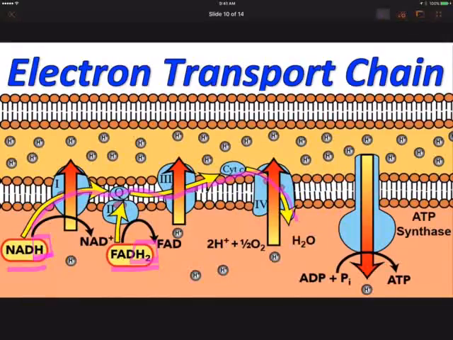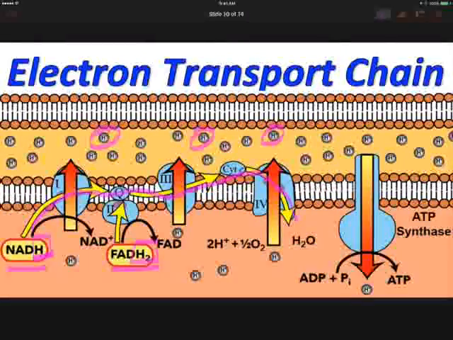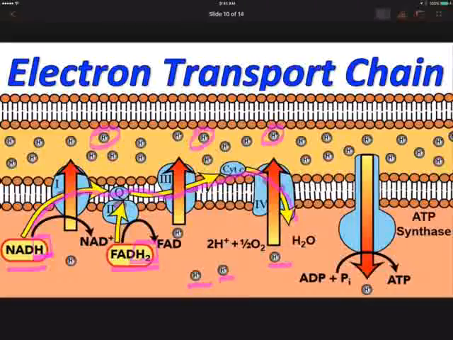It puts a whole bunch of these hydrogen ions on one side of this membrane and not a whole bunch on the other side. So I have a high concentration and a low concentration. Just like any diffusion, I'm going to move from high concentration to low concentration.